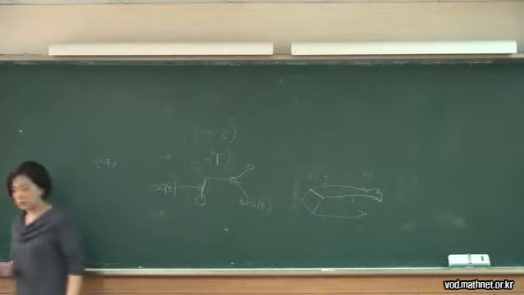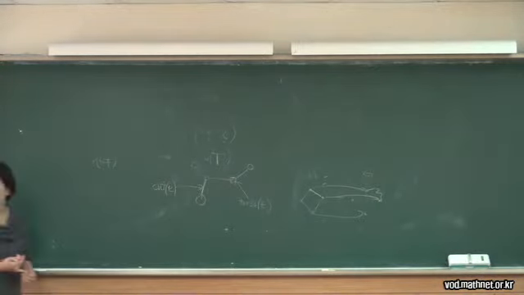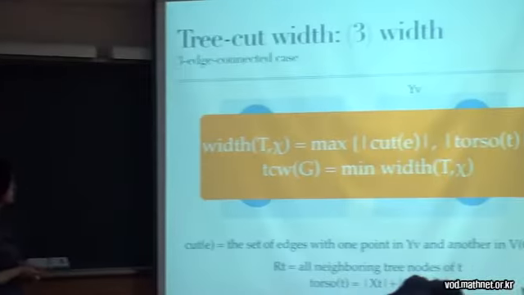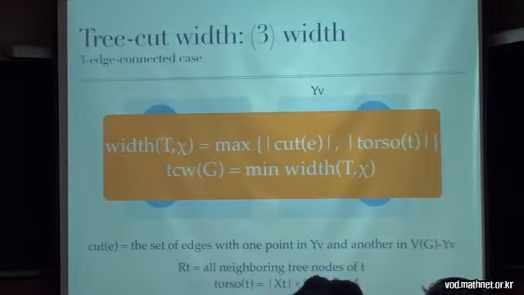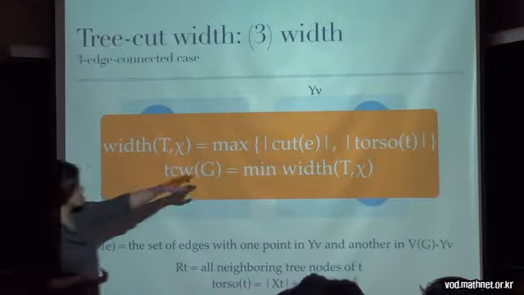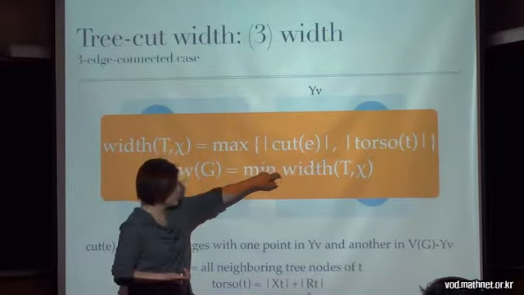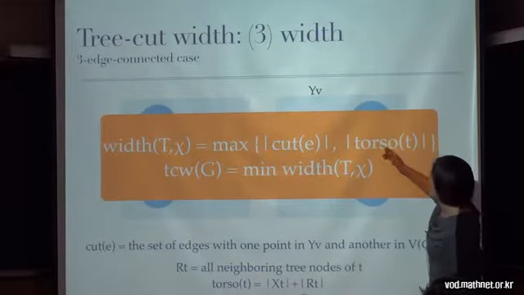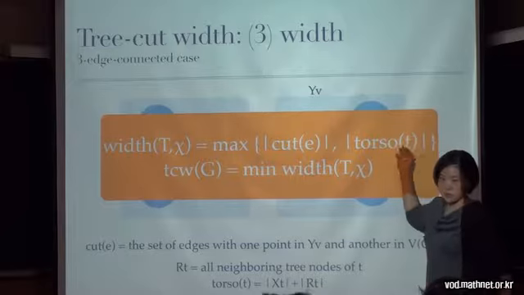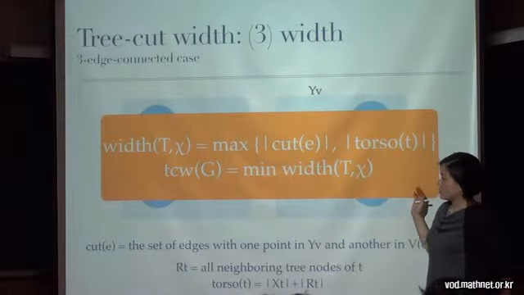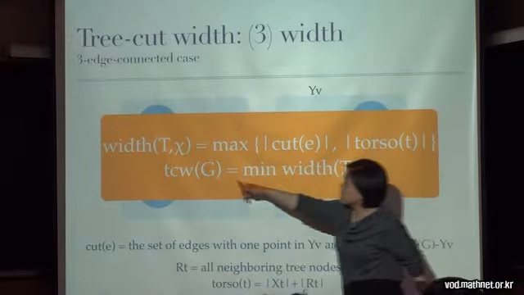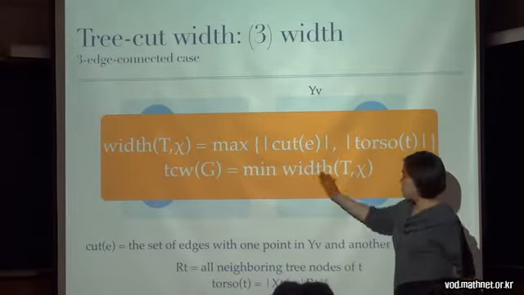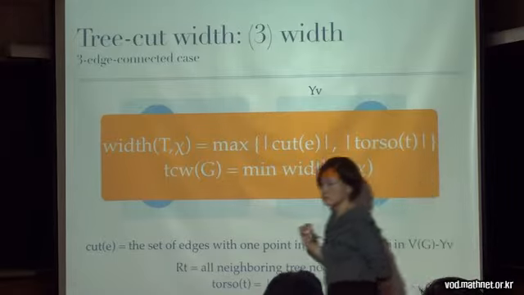So these are two measures that we care about, and the width of a tree-cut decomposition, when the underlying graph is 3-edge-connected, is the maximum of the cut size over all the tree edges, and the maximum of the torso size over all the tree nodes. Okay, and of course the tree-cut width of the graph is the minimum of the width over all such decompositions.